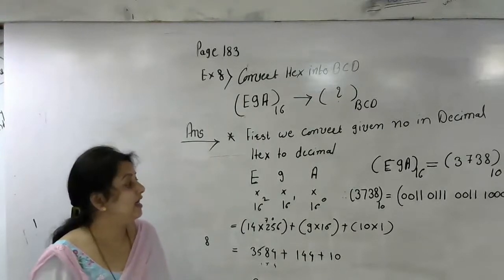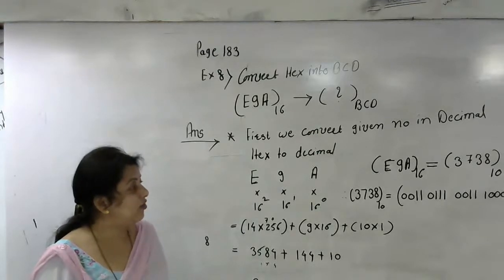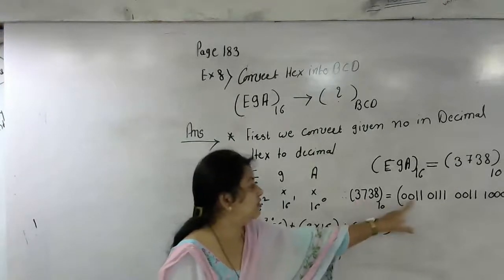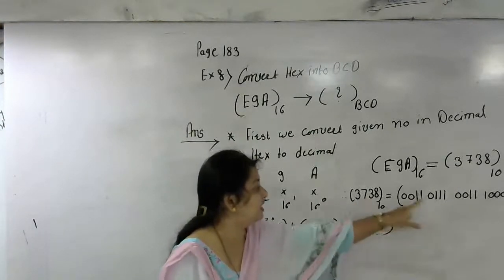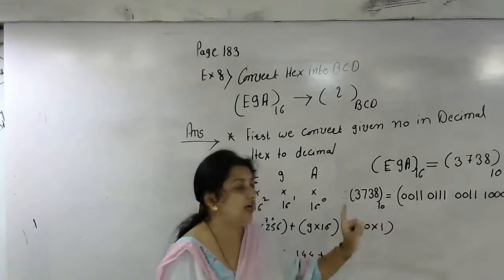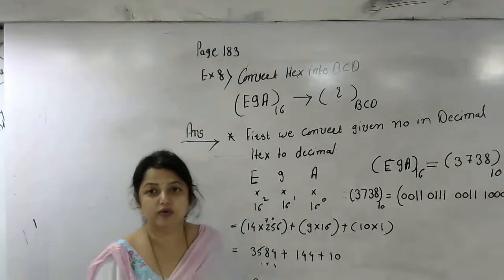Write down a 4-bit number for every decimal digit. For 3, you have to write 0011. For 7, you have to write 0111. For 3, again 0011. And for 8, 1000.